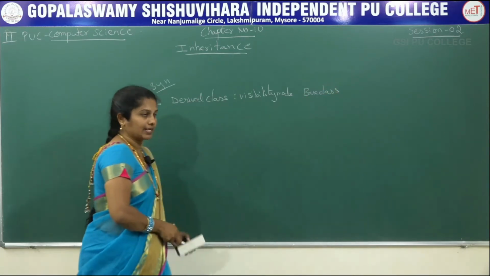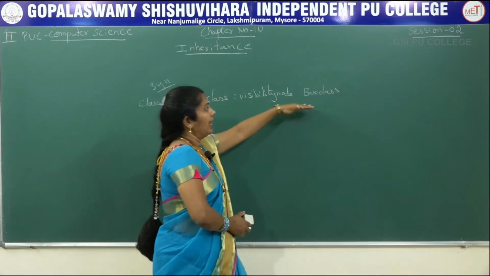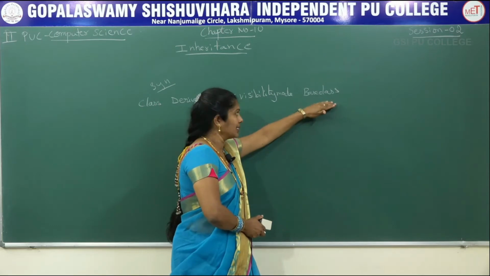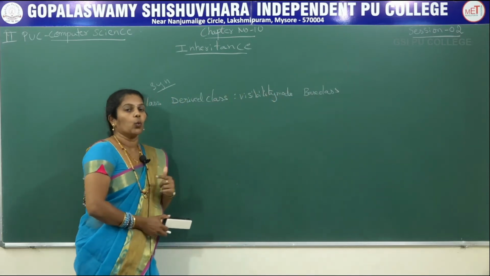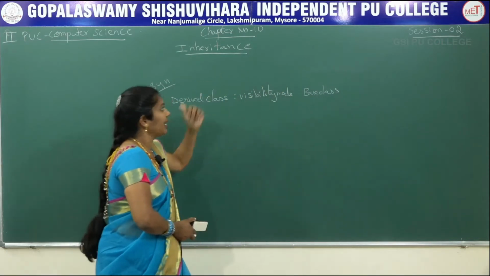This is the syntax we explained. The derived class is the new class and the base class is the existing class. Visibility mode controls the access specifiers of the base class in the derived class.